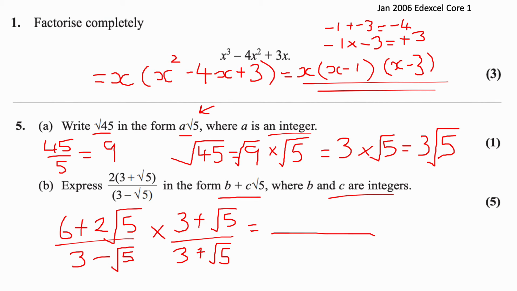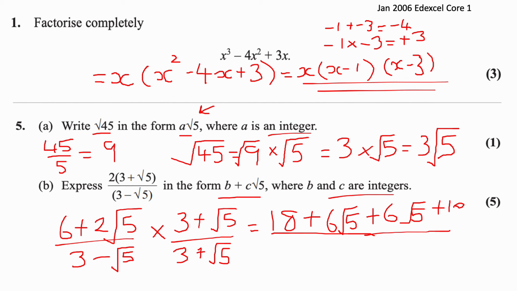Okay, so expanding this, I get 6 times 3 is 18. 6 times root 5 is 6 root 5. 2 root 5 times 3 becomes 6 root 5 again. And then 2 root 5 times root 5, well, root 5 times root 5 goes to 5, times by 2 is going to be 10, so we get 10 there.